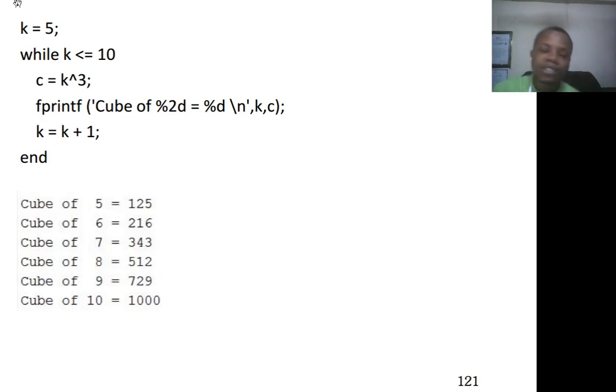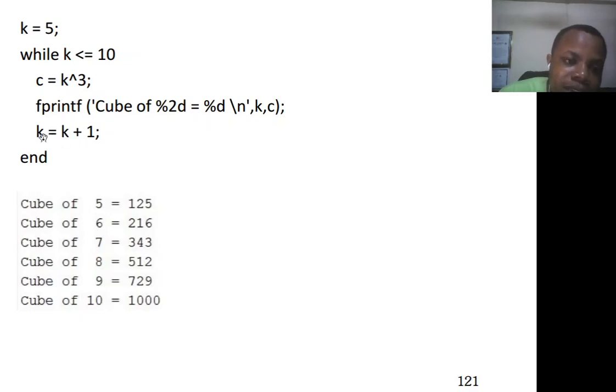So for this function, 5 has been assigned to k. Once we initiate this while statement, for k equal to 5, the first instance is going to be 5. It's going to test it with this condition, whether it's less than 10, and because it's less than 10 it will move on to find its cube and print that out.